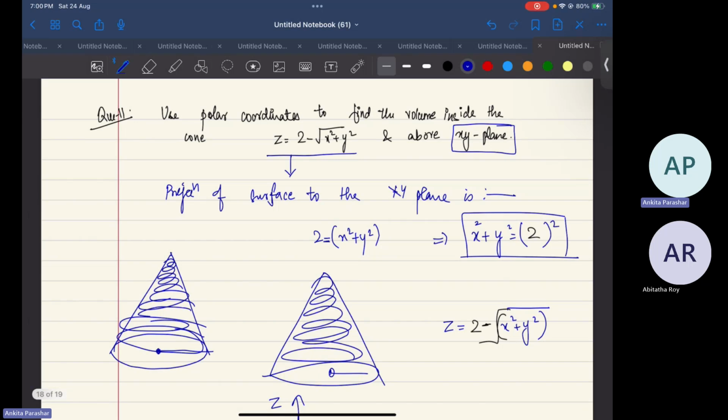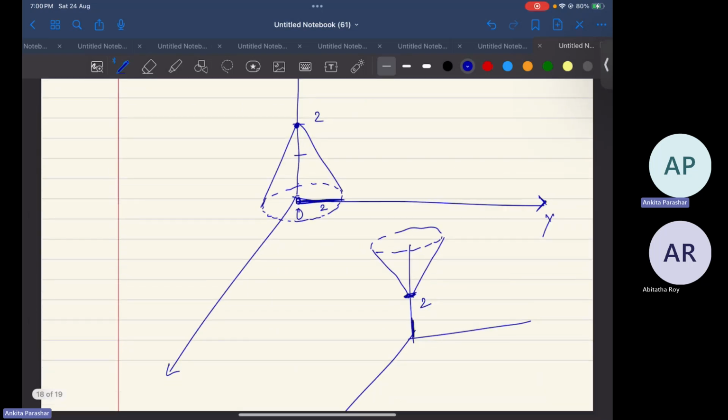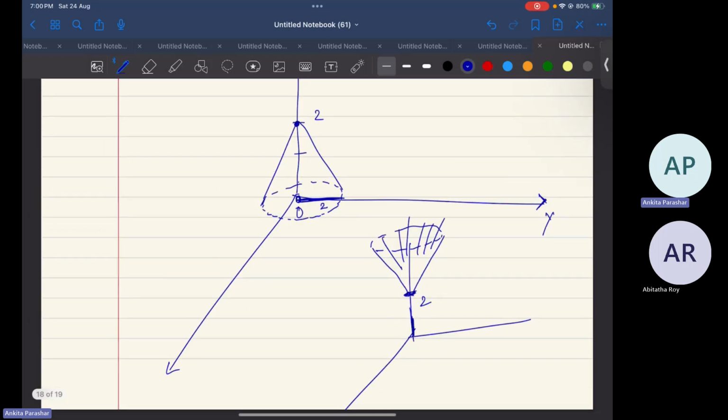It has already been written that it's a volume which is nothing but the cone above the xy plane, right? So if you keep your axes above, does it have any bound? No, right? If it opens upwards and you are keeping everything above the xy plane, you do not get any bound.